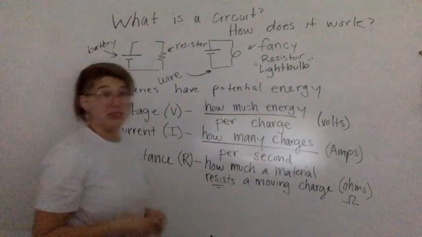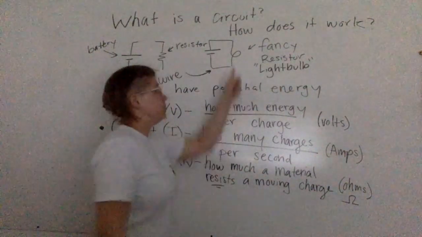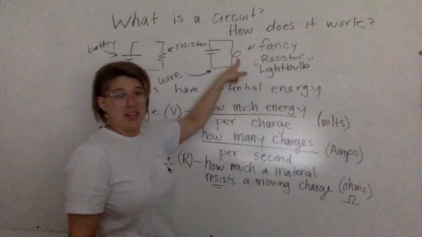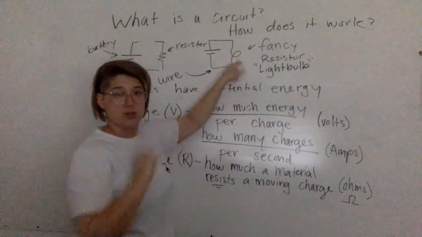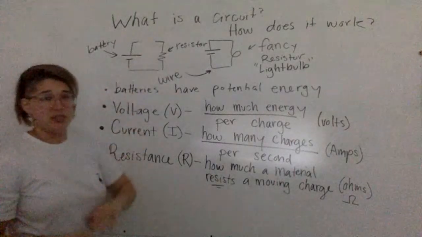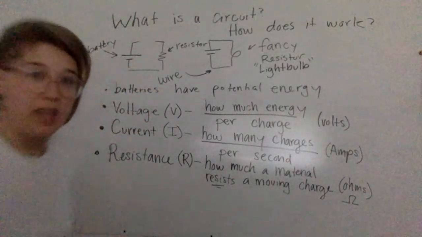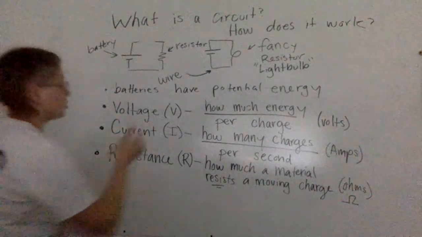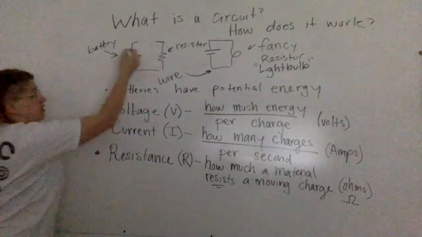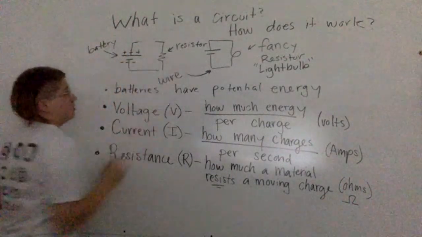If you want to use a fancy resistor that lights up, that's called a light bulb, and you draw it as a little squiggle mark. That's pretty much the basics. The moment you connect this, you allow a charge to move from the negative side to the positive.